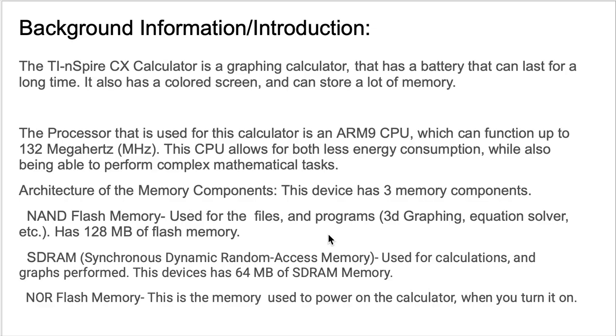It just has one feature pretty much. It's only used to power the calculator when you turn it on. So when you press the on button, then this memory gets used. The NOR flash memory only helps to power the calculator. It doesn't really do anything else other than that. So that's all for that.